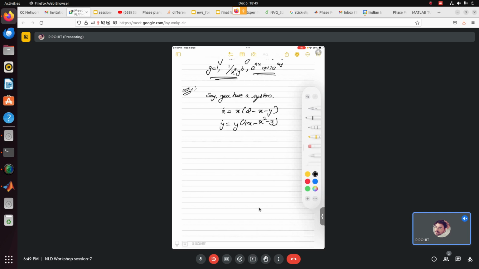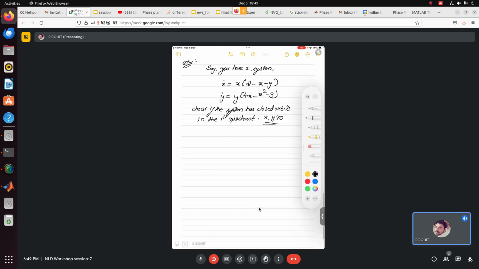We need to check if the system has closed orbits in the first quadrant, where x and y both are greater than 0.